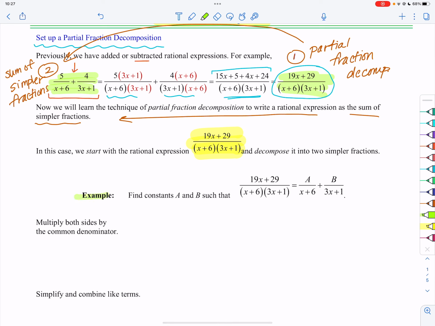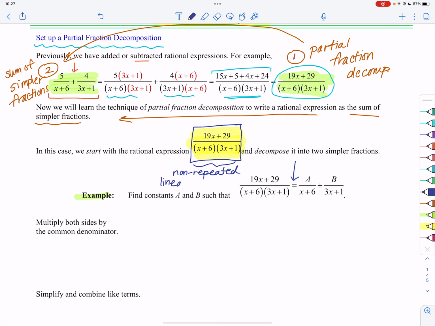Here is how we do this. We set this rational expression equal to, and we will use capital letters, and in this case, these are what we call non-repeated linear factors.